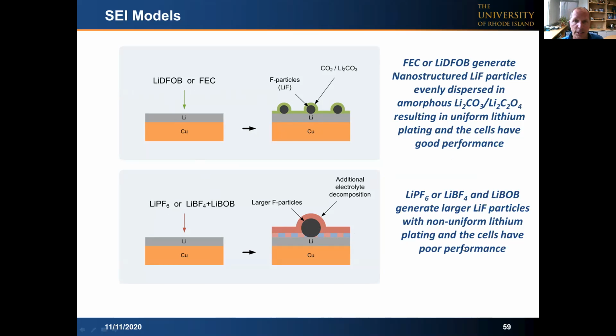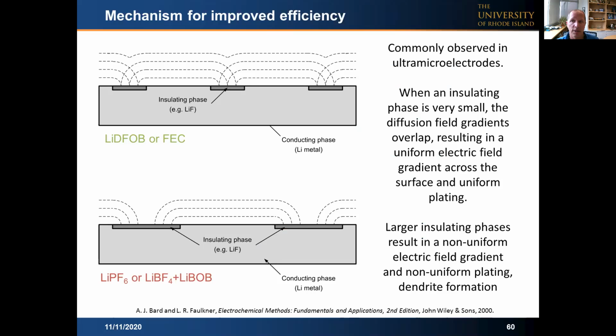In an effort to explain this, it can be partially explained at least by what's commonly observed in ultramicroelectrodes. When you have an insulating phase which is very small, such as our lithium fluoride nanoparticles, the diffusion gradients above the surface overlap, resulting in uniform electric field gradients across the entire surface, and therefore uniform plating of the lithium metal.